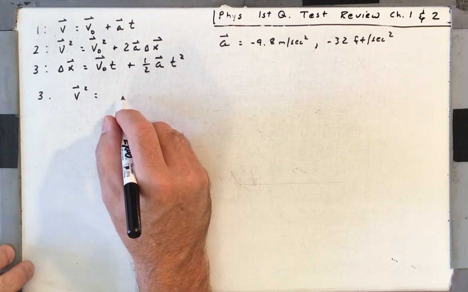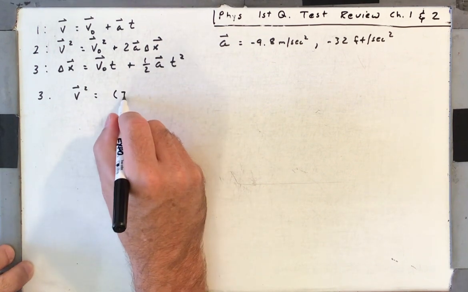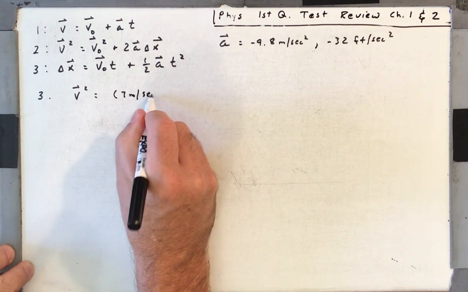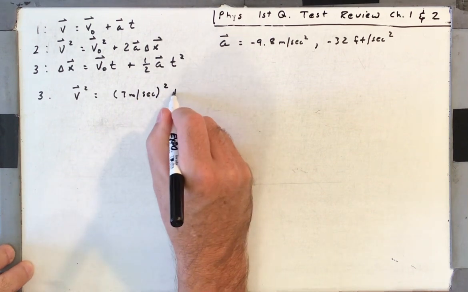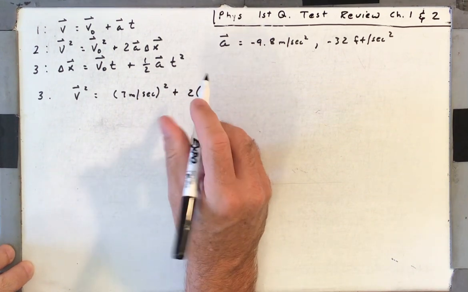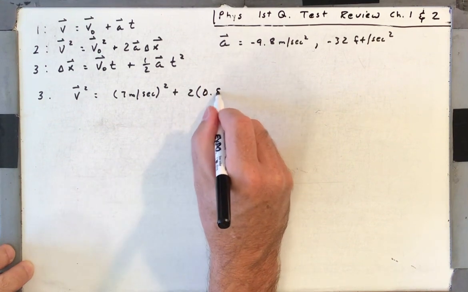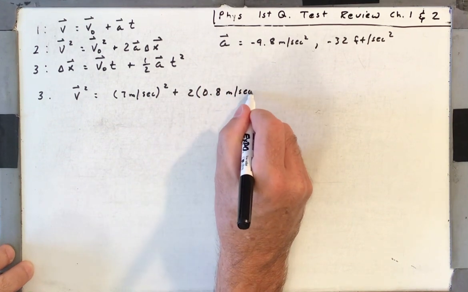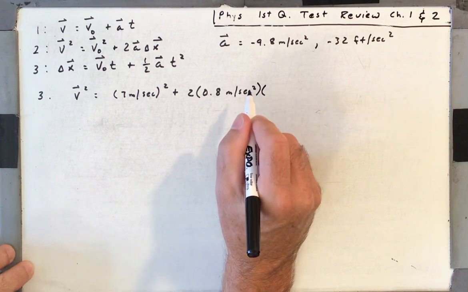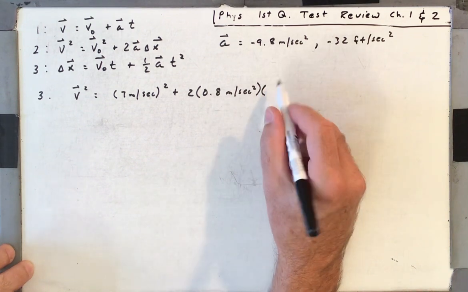All right, our initial velocity is 7 meters per second squared plus 2 times 0.8 and 450 meters.